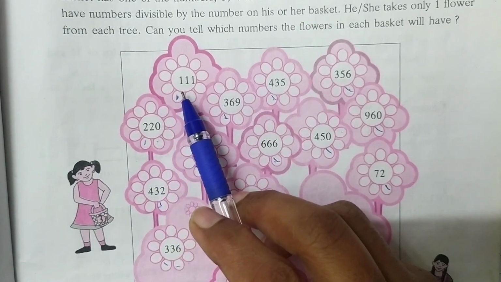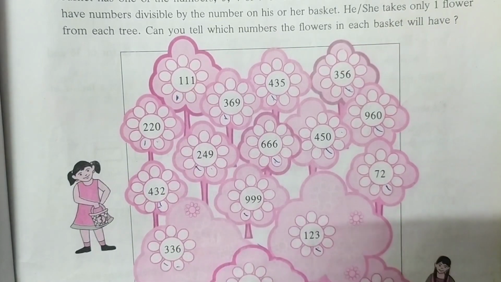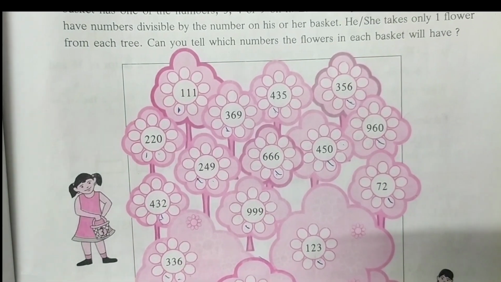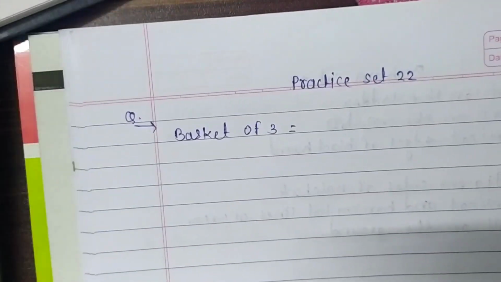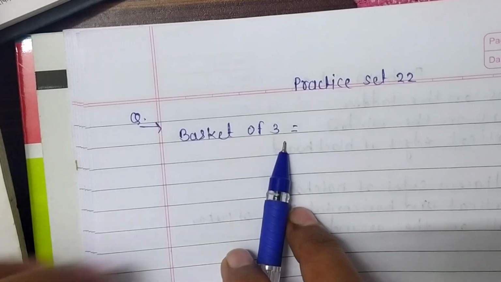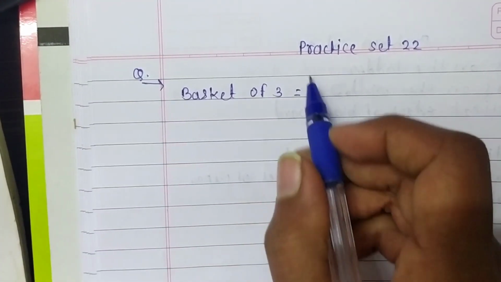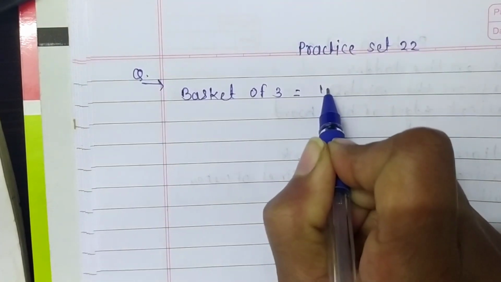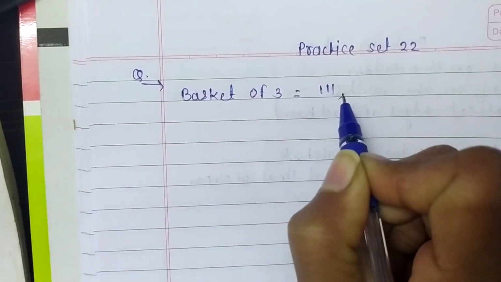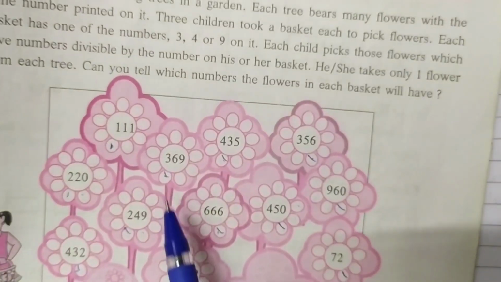So it is going to the basket of 3. Just write here the question's answer, basket of 3. So basket of 3 has 111 flower.